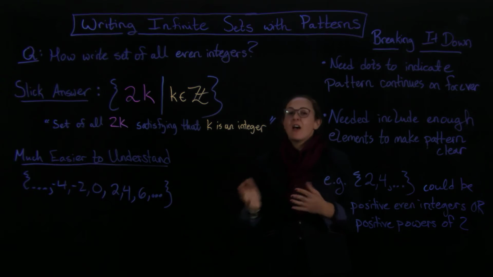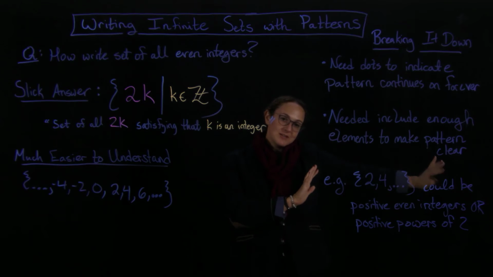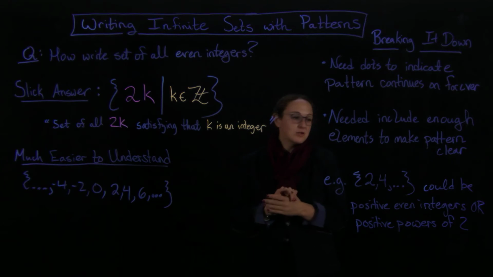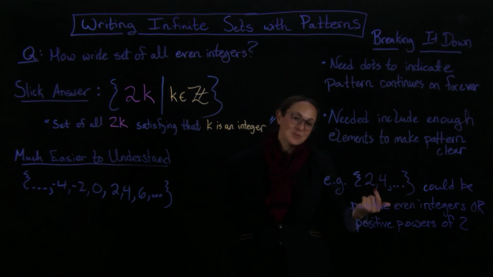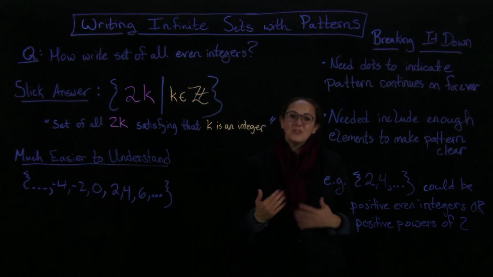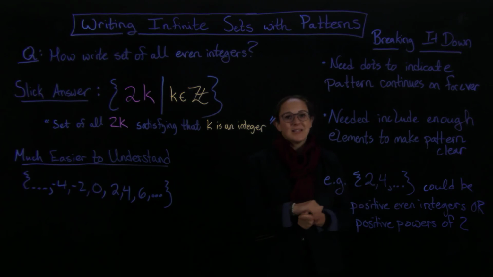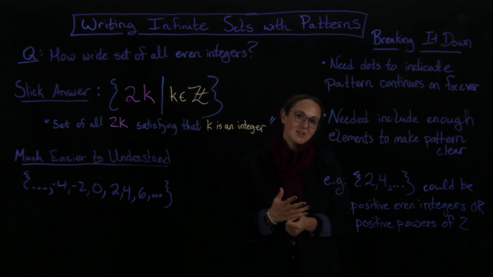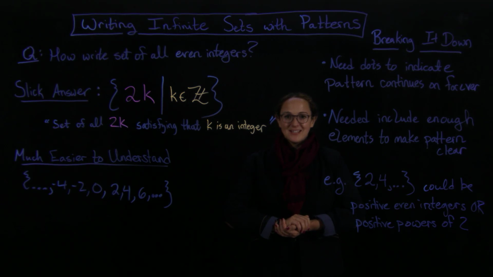One was to make sure you put dots so that people continue on to the right and the left when they need to. In this circumstance, notice I put them on the right, not on the left, because in this circumstance we would not continue on the left. The other is that you need to include enough elements to make sure the pattern's actually clear. Like in this example, this could have more than one meaning. I hope that made some sense, and I'll see you in the next lecture.